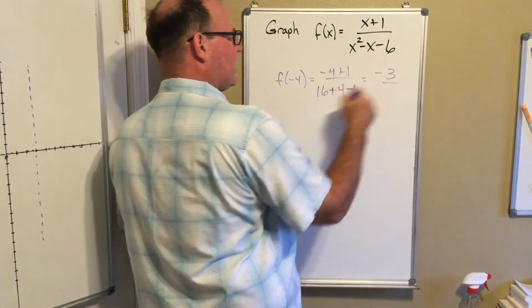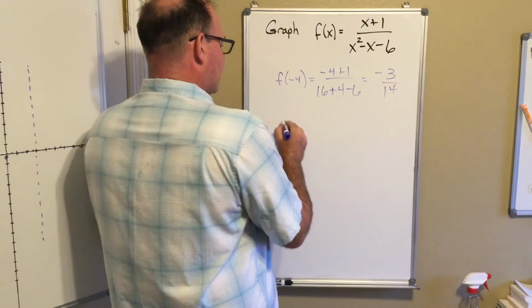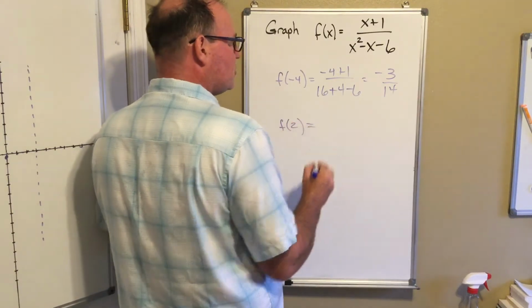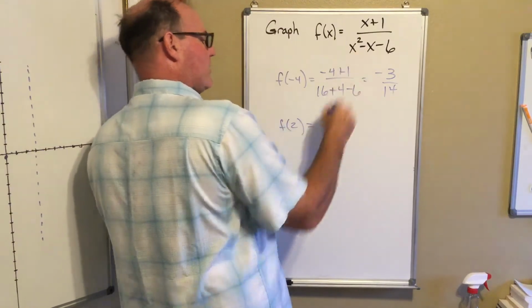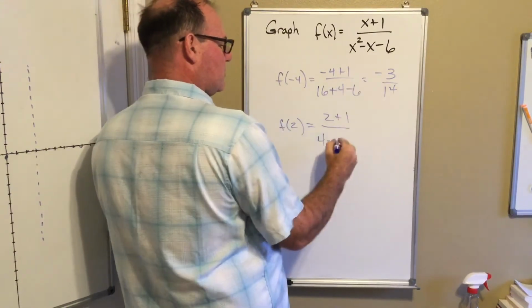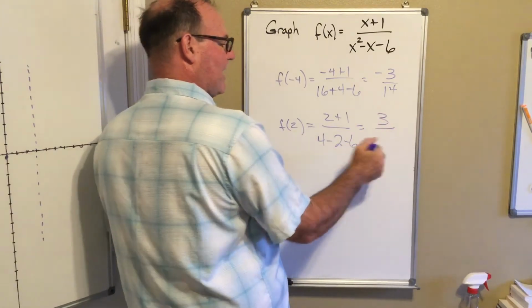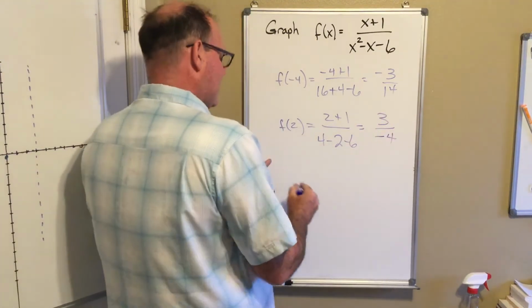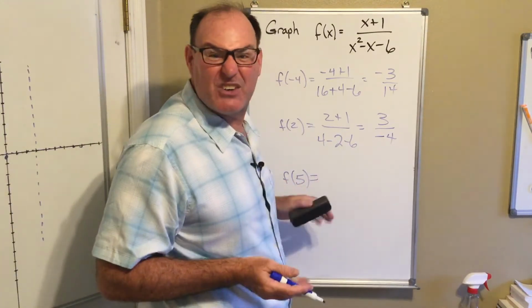So -3 over 14, so just a little bitty bit. I said I was going to plug in the value 2. So in the top, 2 plus 1, and then 2 squared is 4, minus 2, minus 6. 4 minus 2 is 2, minus 6 is -4. And then the last one, I believe I said 5. It really doesn't matter. You can pick any values you want.